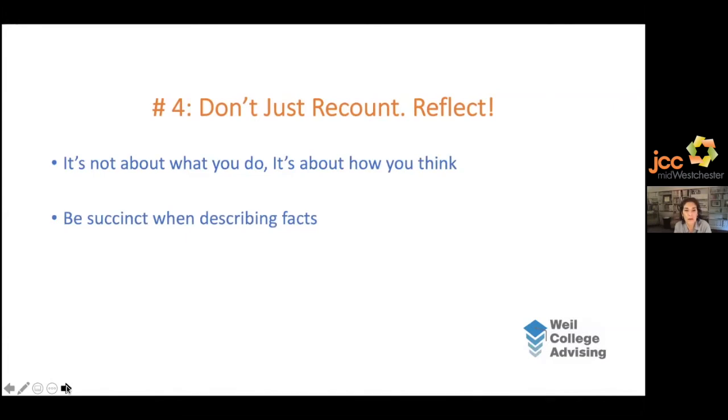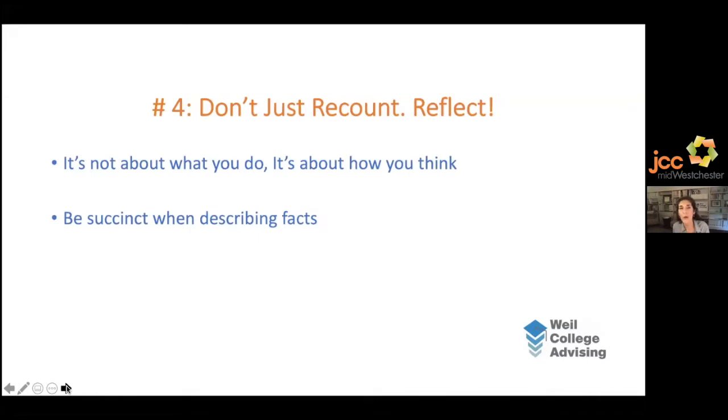Be succinct when describing facts. That's one very common issue that I have with my students. They talk about what happened, and then this happened, and this one said this, and this one did not say that, and then I went here, I went there. That's irrelevant. We have 650 words. The most important thing is not what happened, it is what you made of it.